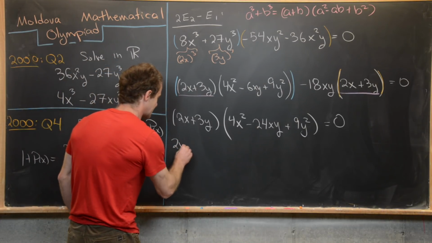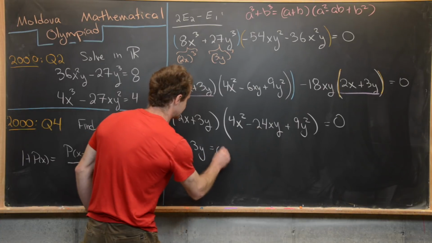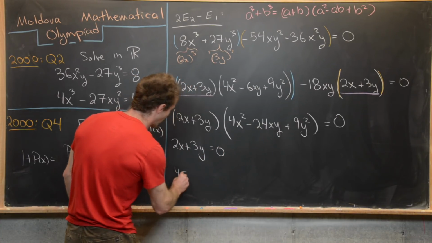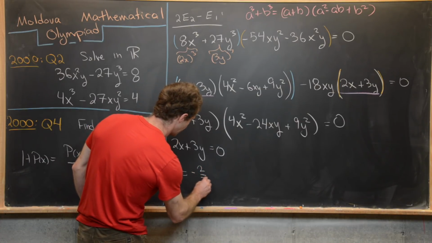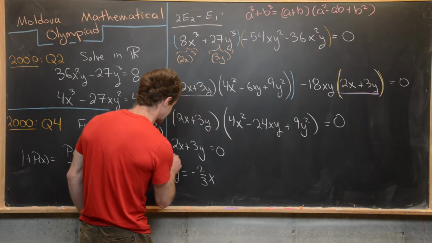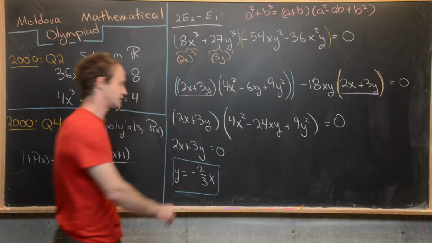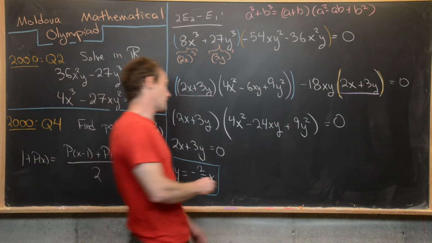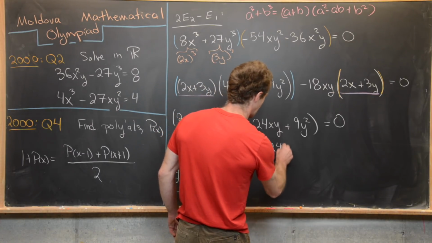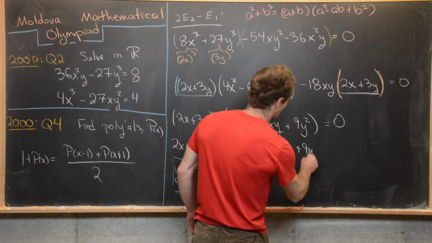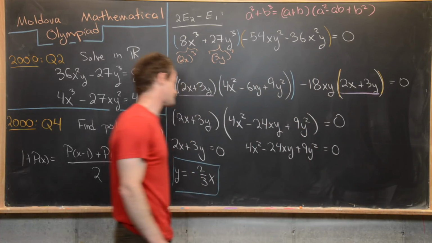So that gives us two equations that could be equal to 0. Either 2x plus 3y equals 0, which tells us that y equals minus 2/3 x. So that's one possible relationship between x and y. Or we could have this 4x squared minus 24xy plus 9y squared equals 0.